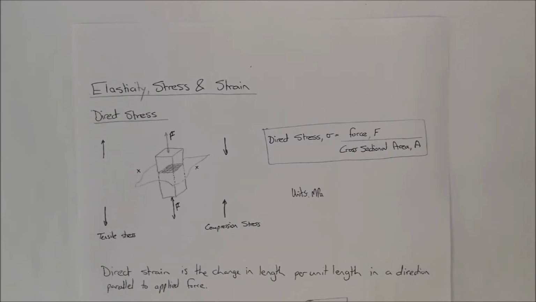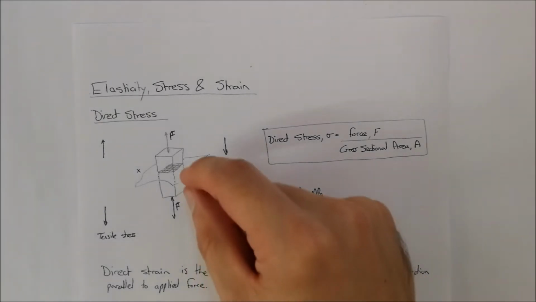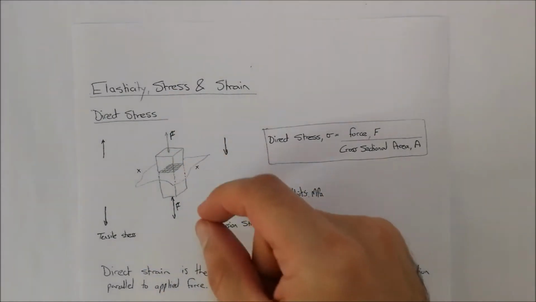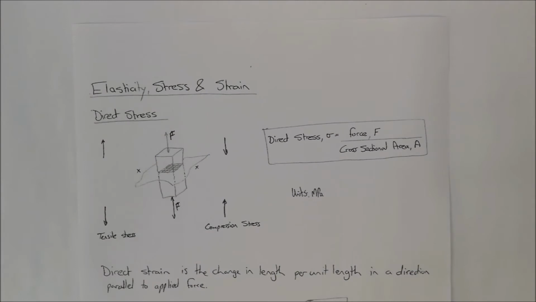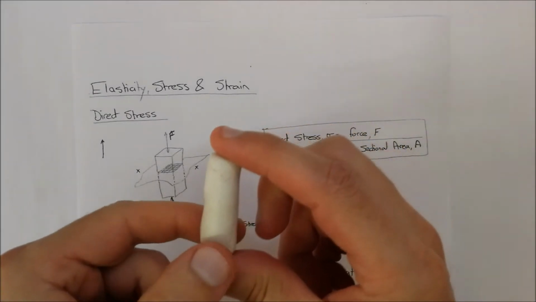Essentially what we're looking at is a piece of material with a square cross-sectional area, and there are forces acting on it on either side. They can be either pulling away from each other or pushing towards each other. A very similar concept can be considered with this piece of plastic that I've got.